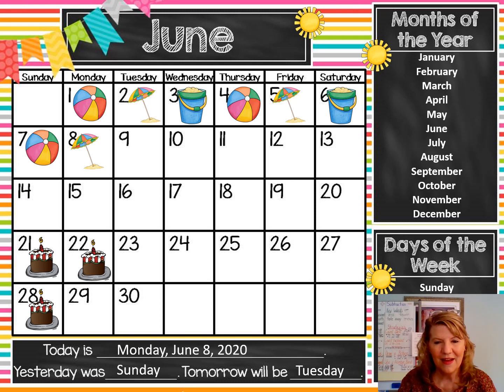Oh, I didn't hear everybody saying the names of the month. We have them written right over here. Let's try that one more time. Ready? January, February, March, April, May, June, July, August, September, October, November, December. Awesome job.